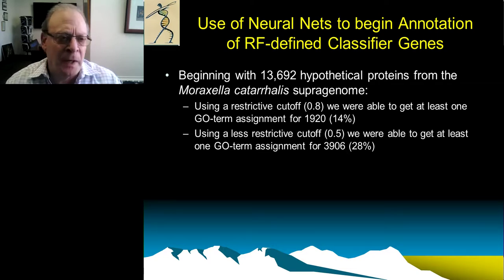So we now have multiple machine learning tools that we're using in tandem to both identify unannotated genes and then start to give us clues as to what the annotations of those genes might be. And I want to stress that this is all done just starting from pangenome or supragenome characterizations of large numbers of strains for which we have clinical provenance.